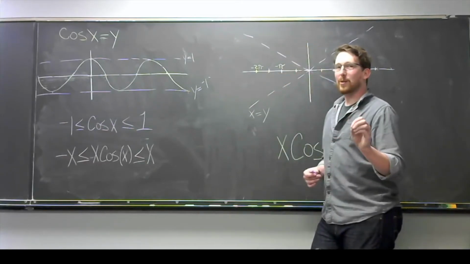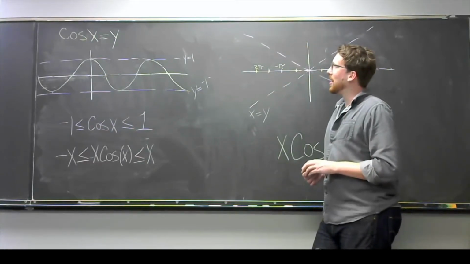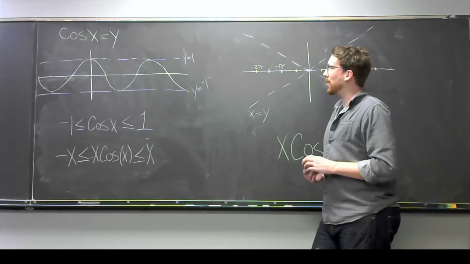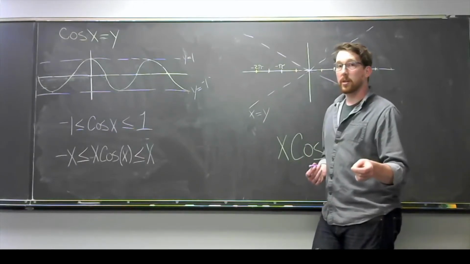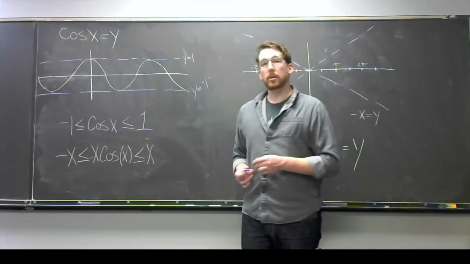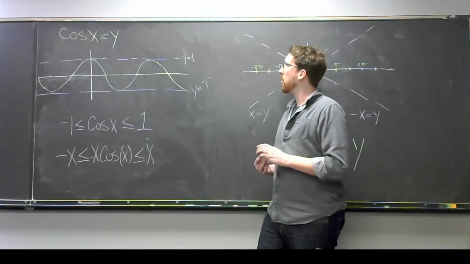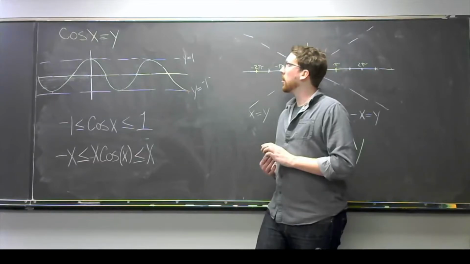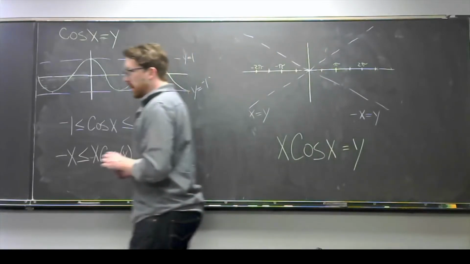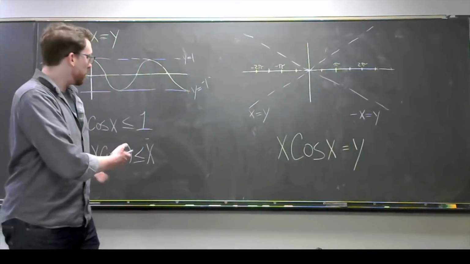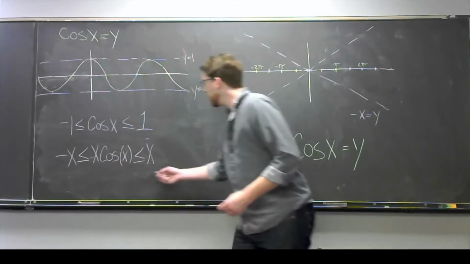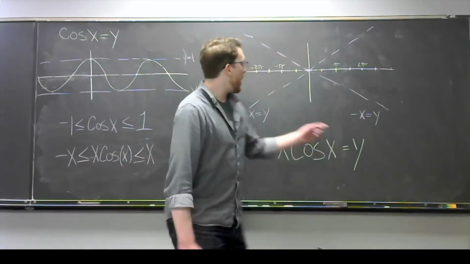But we know that cosine touches the line y equal to 1 and y equal to -1 at multiples of pi. So, since all we did was multiply through by x, we know the same thing's going to happen here.